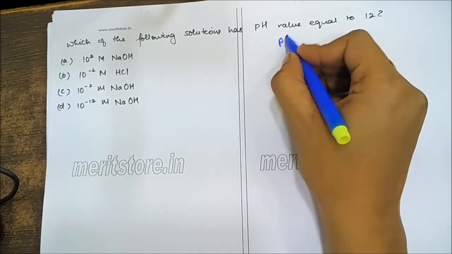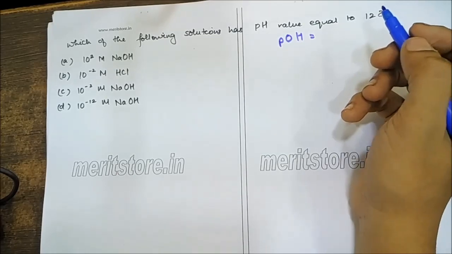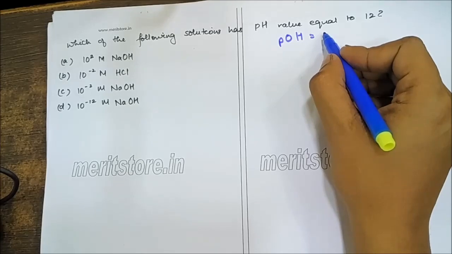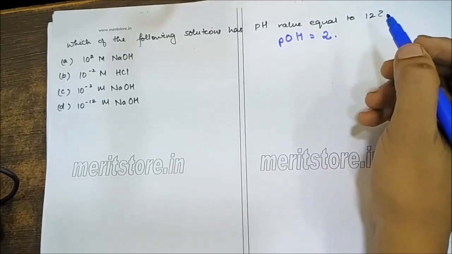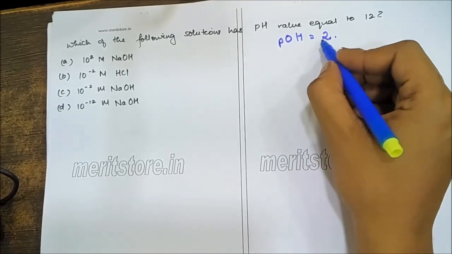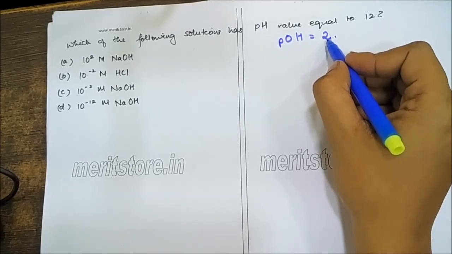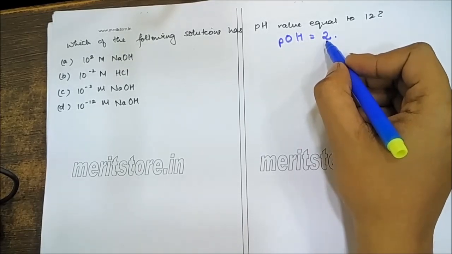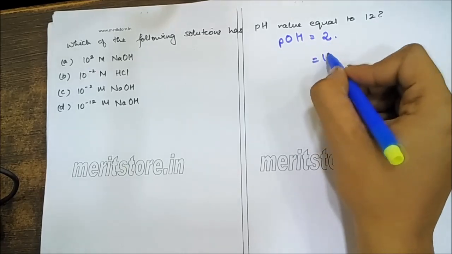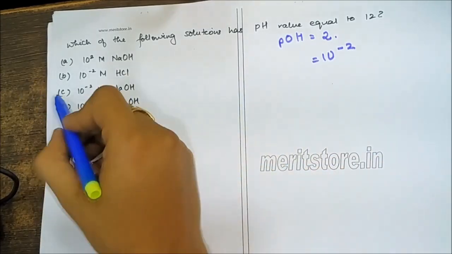So how much would be its pOH? pOH would be 2, right? Then we know if we take negative log to the base 10 of this 2, we will get the concentration of OH minus ion after taking the antilog. So my answer would be 10 raised to minus 2 of NaOH.